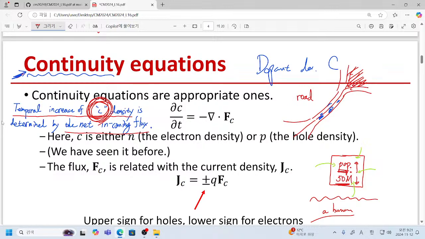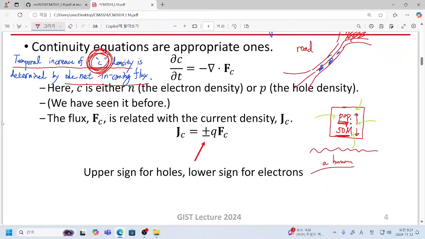You understand? As long as we can identify certain types of particles or certain quantities, and if the dominant mechanism for changing their number is net movement or transport, then we can apply this continuity equation.